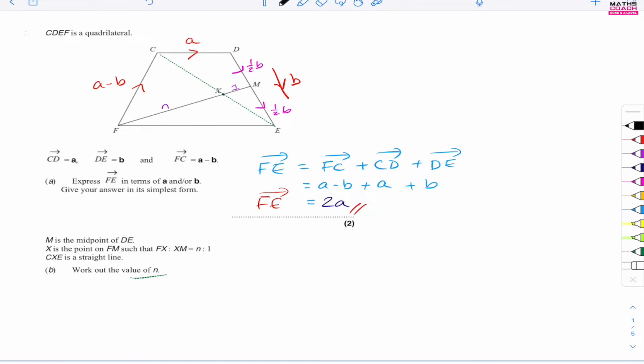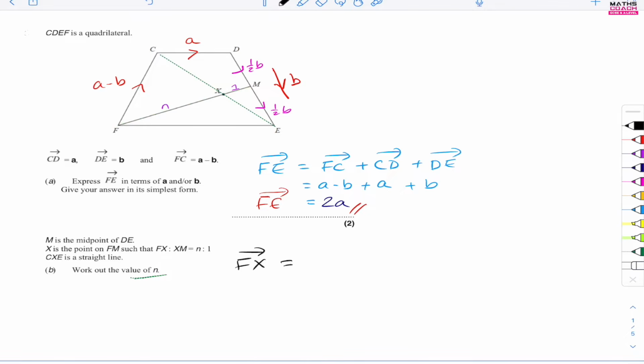Let's start off by tracing one of the routes for F of X. Remember, I can't go from F of X directly there yet, but what I can do is say that to go from F to X, so let's write this down, F to X, this is one of the routes. We can say that it's N parts out of the total, which is N plus 1. So it's this much of the total FM.